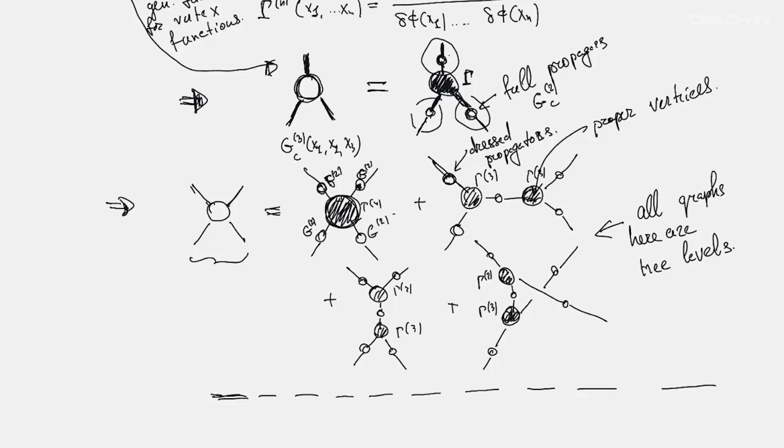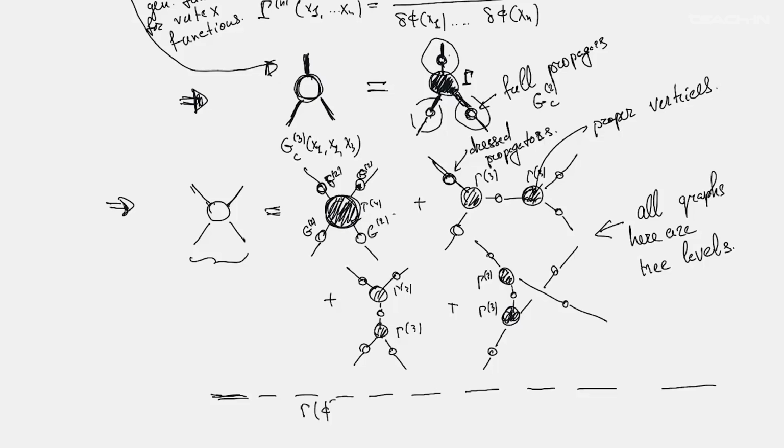For this reason, dealing with vertex functions, sometimes people call this field phi of x the classical field. I forgot to say that this gamma of phi is very often called the effective action.